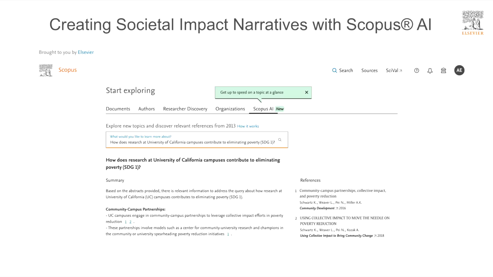It'll present, for example, particular aspects of the summary like community campus partnerships, and it also gives a direct link to the primary literature. So you see ones and twos here, and then you could go and look up those references and see if you agree with what's been summarized.